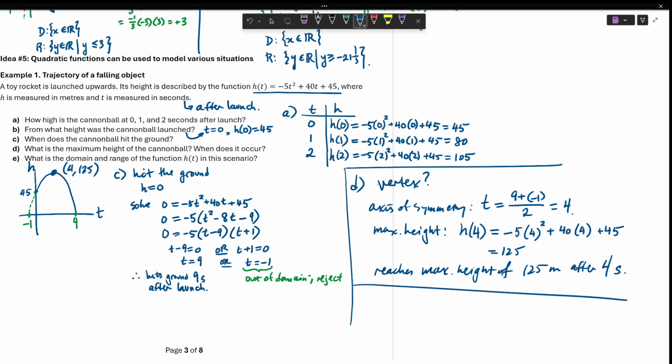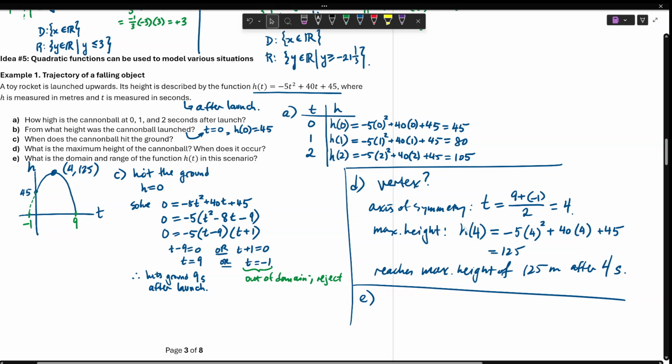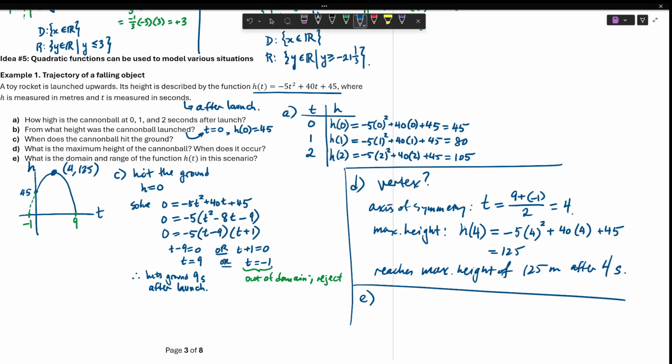Lastly, let's talk about part E, the domain and range of h of t. Remember, domain has to do with the input, which is the time, right? In this case, time could be any real number, but it can't be less than 0 because that's before it's even launched. And it can't be after 9 because the rocket's already hit the ground.